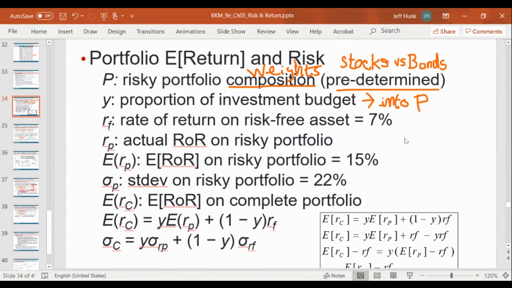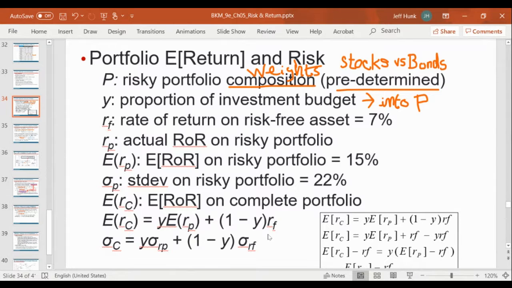So if you're putting 60% into a risky portfolio, then that's Y. And then 1 minus Y, 40%, will go into risk-free assets, right?